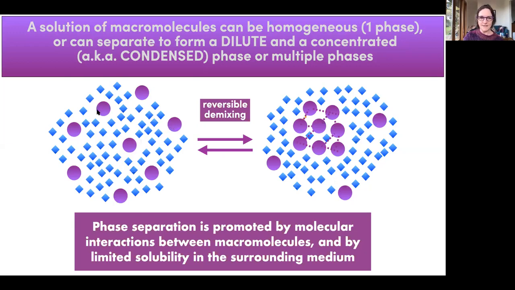In this case, the purple molecule is in a single phase. It's at the same concentration throughout the system. And here, it's at two different concentrations. Within these condensates, it's more concentrated, but there are also still purple molecules that are fully solvated. There are just fewer of them than in this case, and that's the dilute phase. Does that make sense? Yeah.